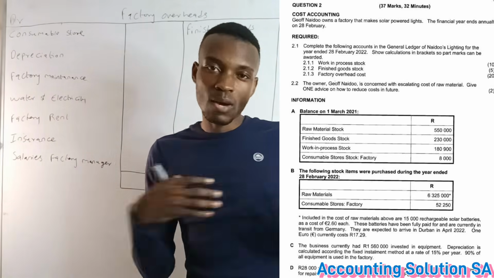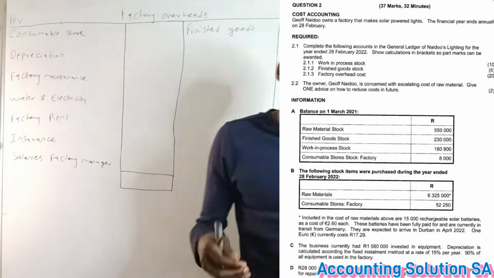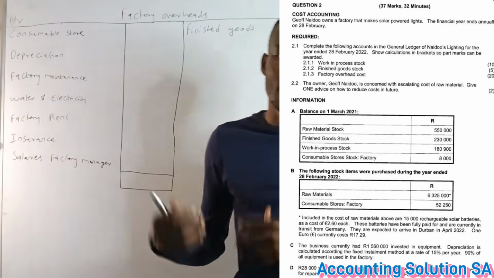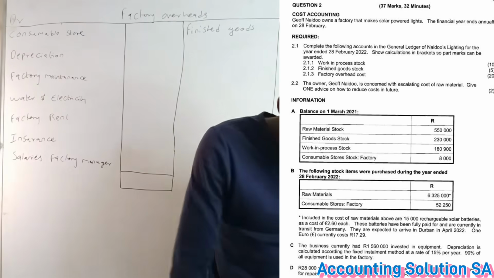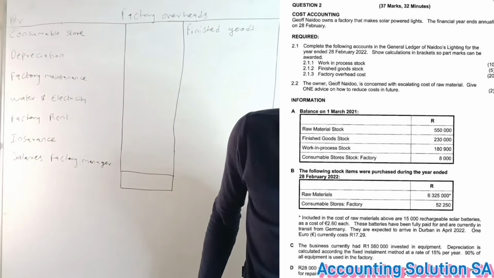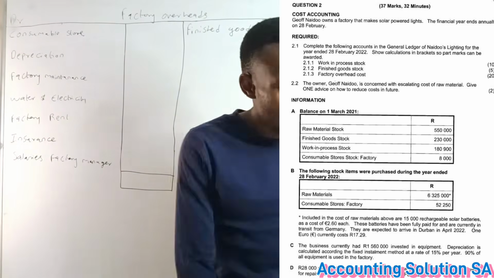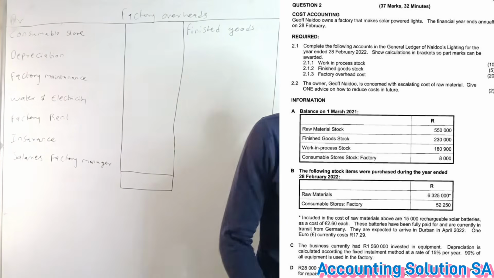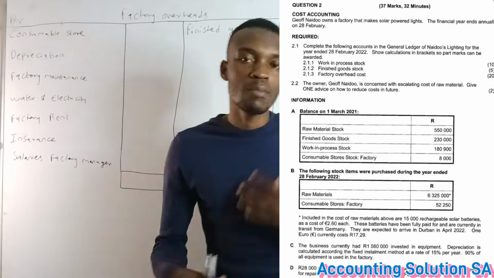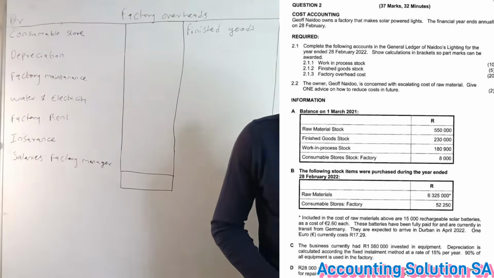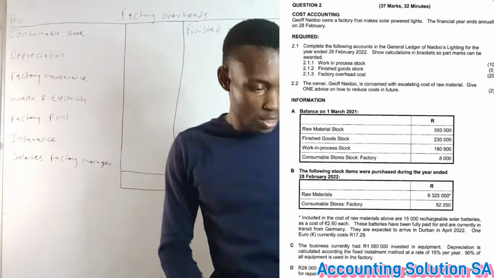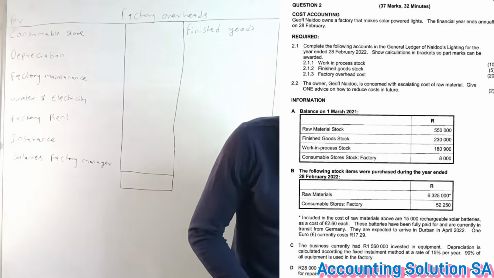So 1 March in our case is our opening, the beginning of our financial year. Okay, then number B, we have the following stock items we purchased during the year end 28 February 2022. So these are the items that have been purchased during the year. Okay, we have raw material, which is not going to form part of this, and we also have consumable store.